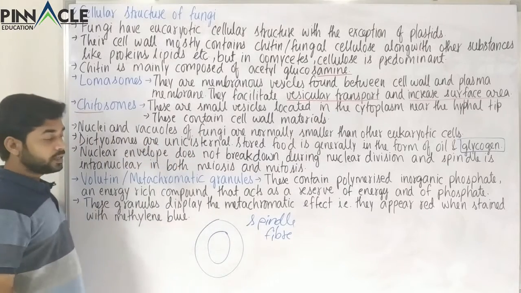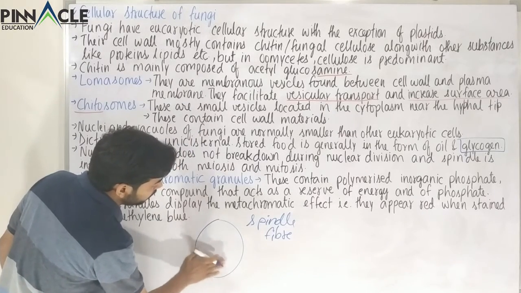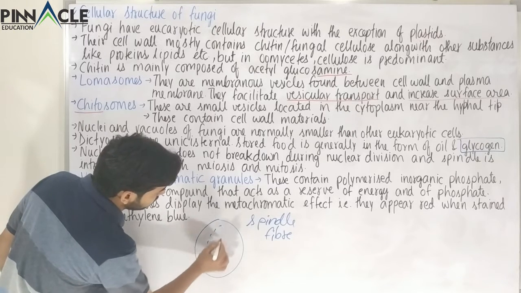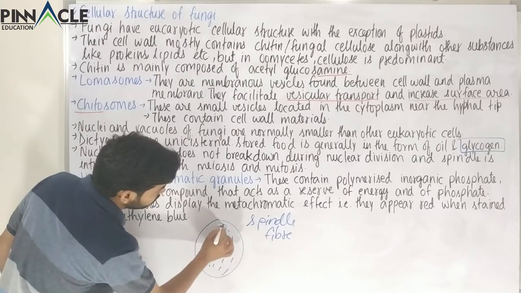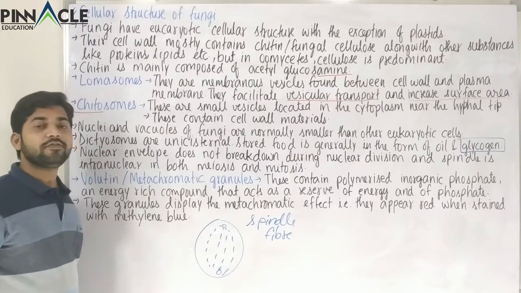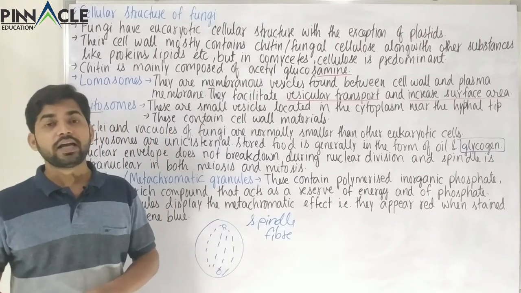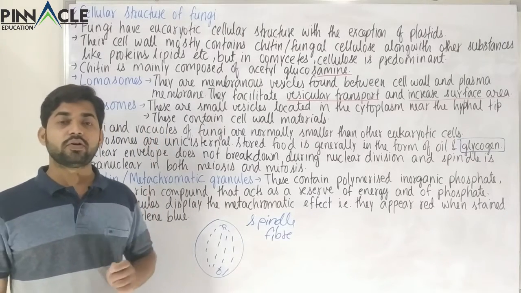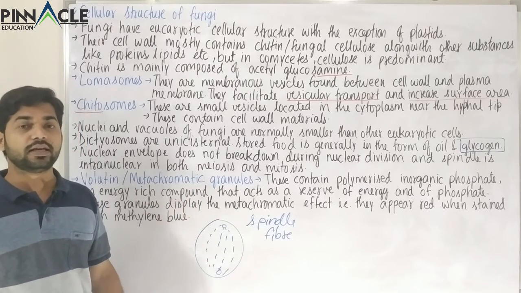So these spindle fibers are structures which are normally formed between the poles, something like this. These are the spindle fibers which are formed outside the nucleus, in the cytoplasm of a typical eukaryotic cell. But this is not happening in the case of fungi.